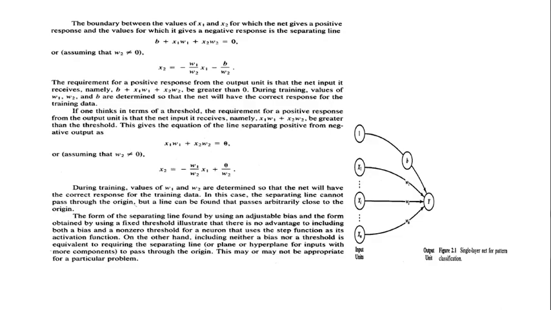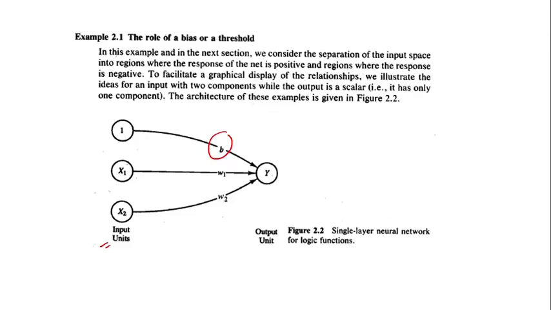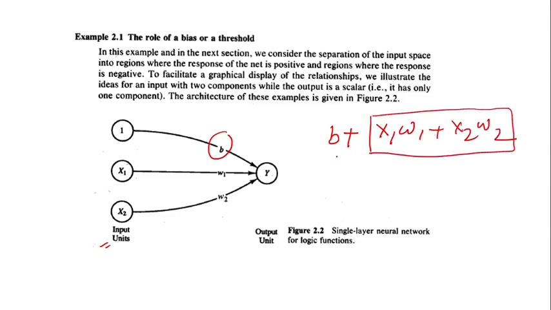This is b plus x1 into w1 plus x2 into w2. This is nothing but a separating line, and b is a constant. So this is a line.